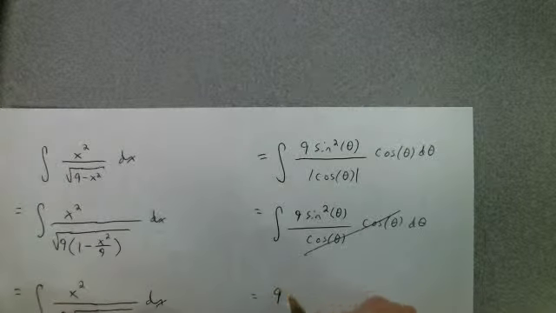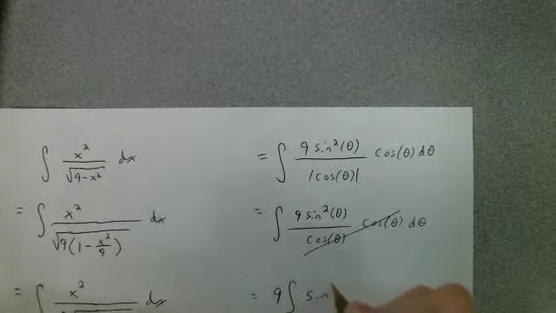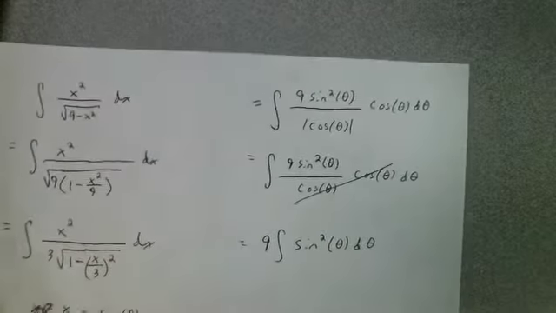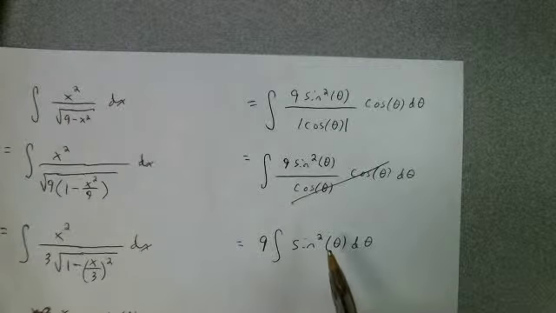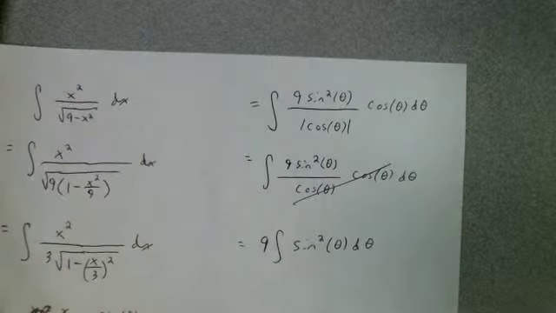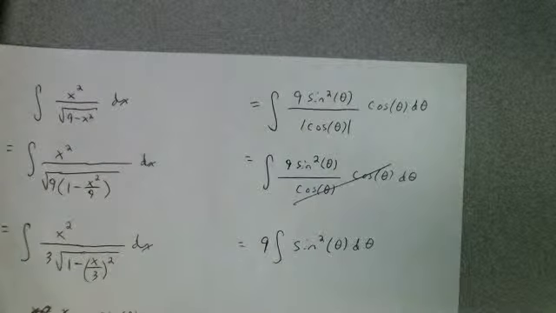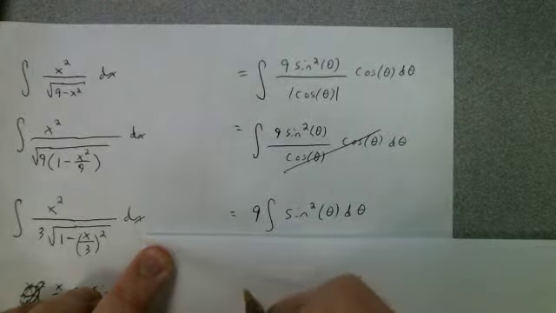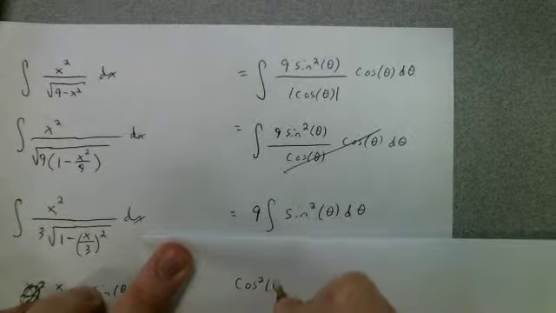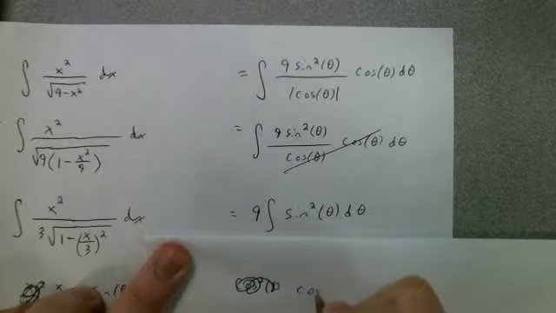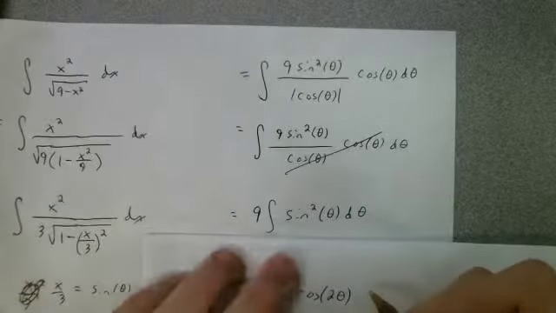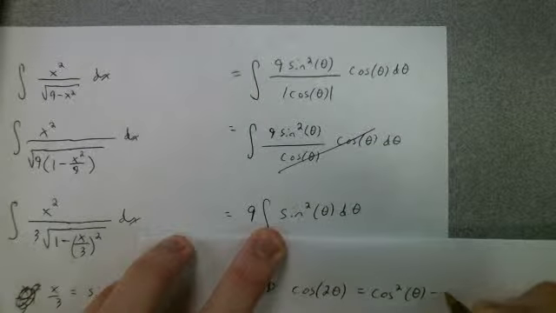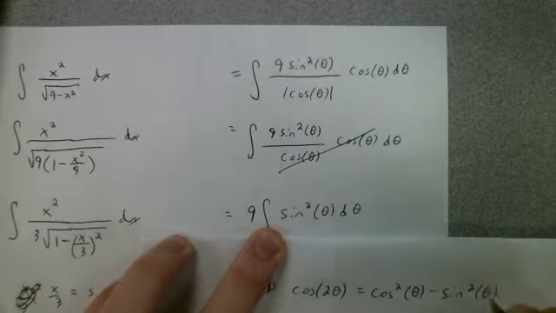So now, pull out the 9, and I'm trying to find the antiderivatives of sine squared theta. That's kind of a problem. Sine squared is not going to be fun. So you might want to start thinking of trig identities that'll help you. Well, I know this one. I know the double angle formula: cosine of 2 theta is cosine squared theta minus sine squared theta.